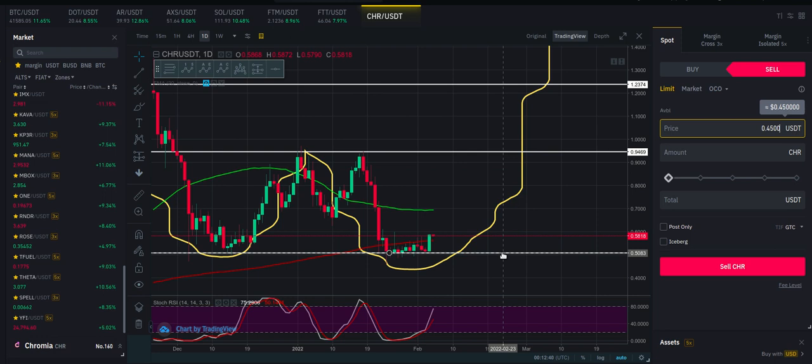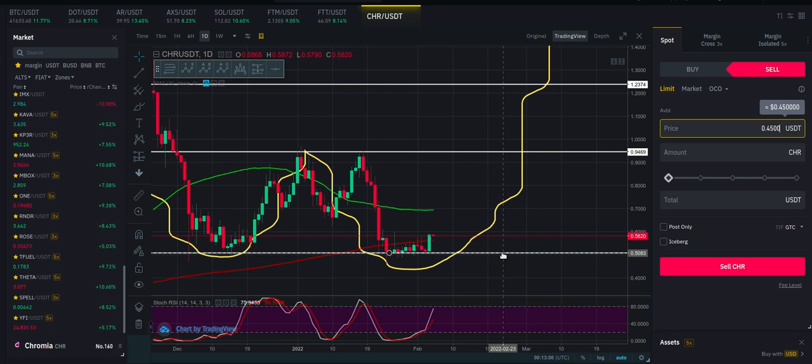Let's assume that you use $50 to buy Chromium at 0.50. Okay, so if you use $50 to buy Chromium at 0.50, that will give you 100 Chromium.